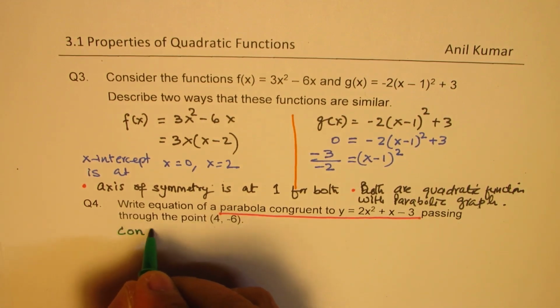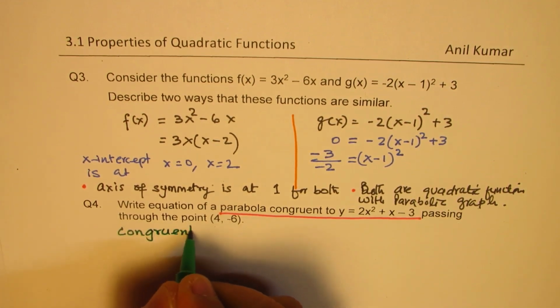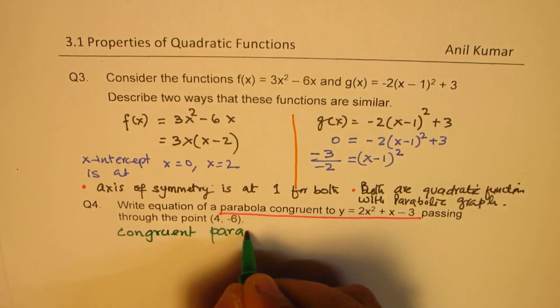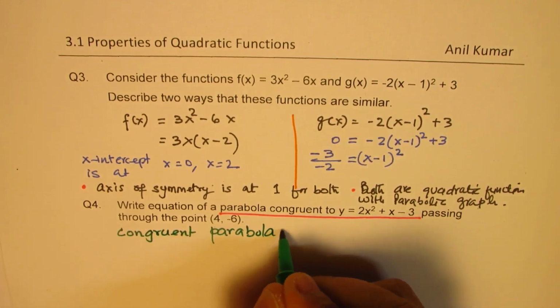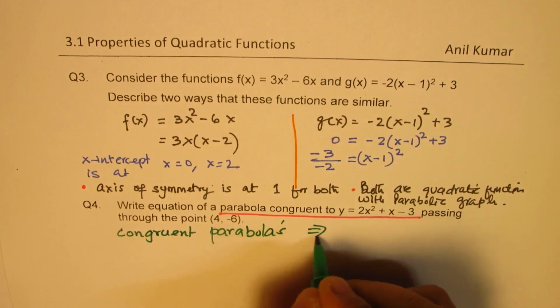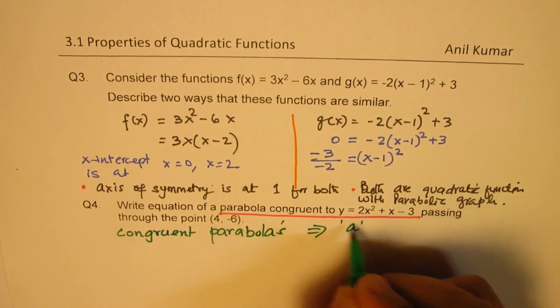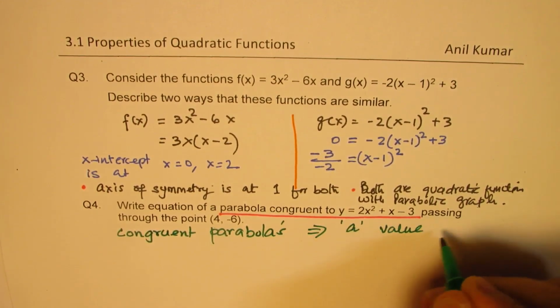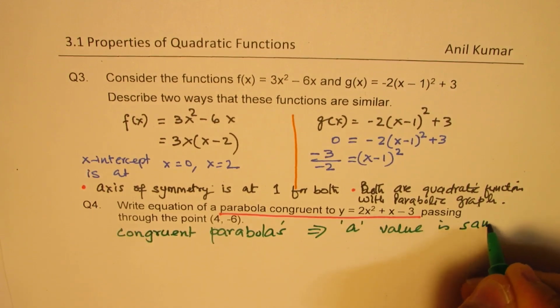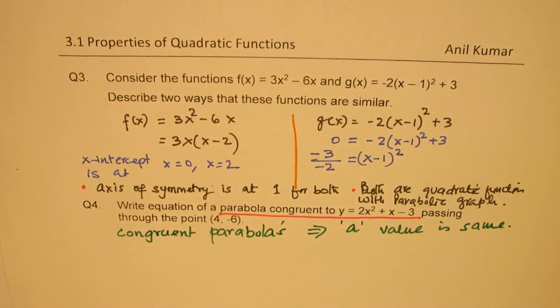So remember this. Correct? So now we are saying here, write the equation of a parabola congruent to this and passing through this point.